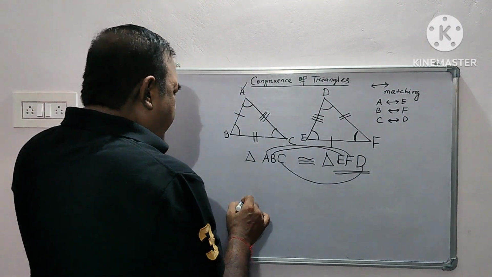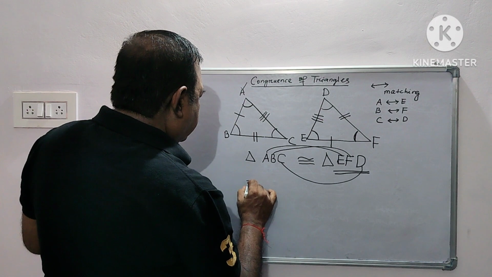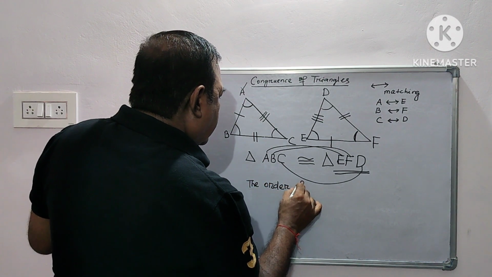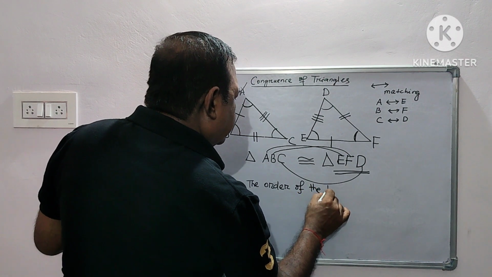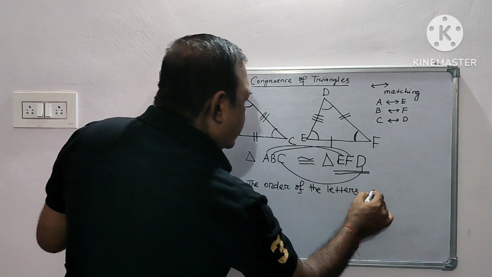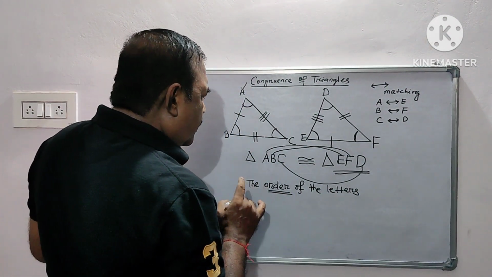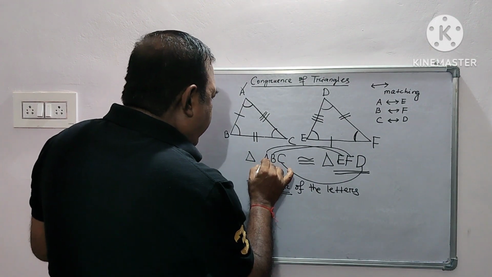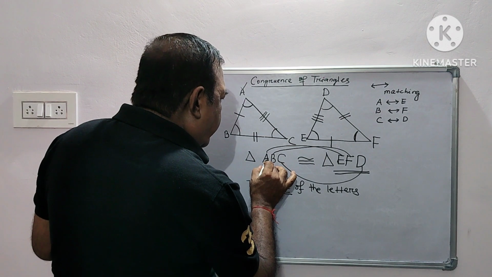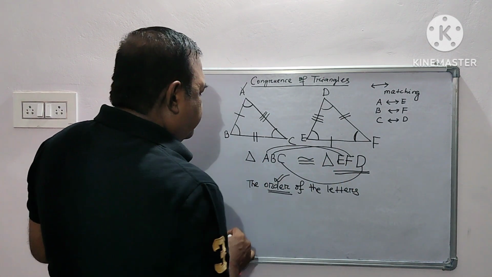So again I am writing the order of the letters. In a pattern, don't miss the pattern, don't miss the order. A matches to E. So here we have written A, here you will start from E. So that is order.